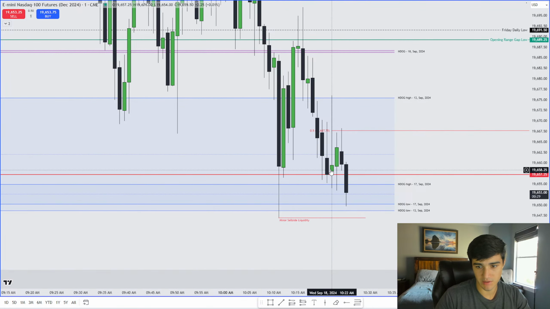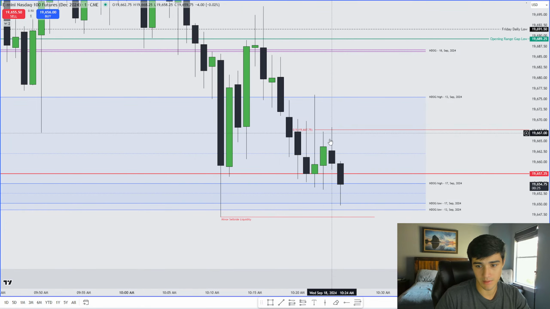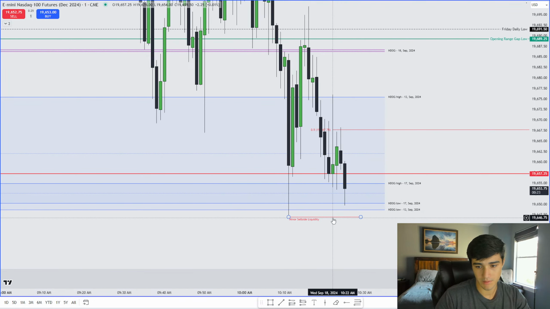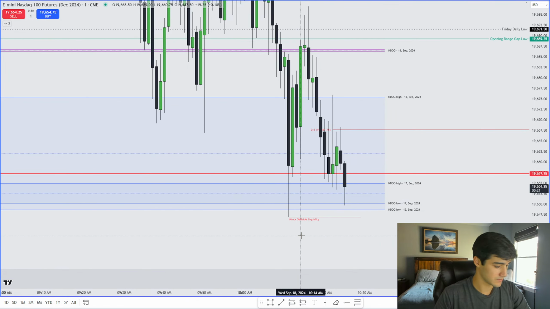So we have a nice reaction off that wick right here. Drop a fib on that. Look at that. We'll see if we reach into this low. Pretty heavy on the day.